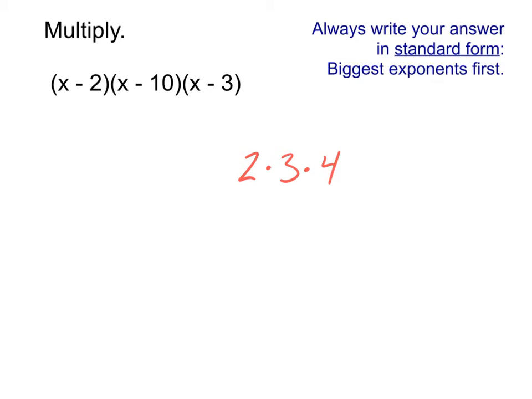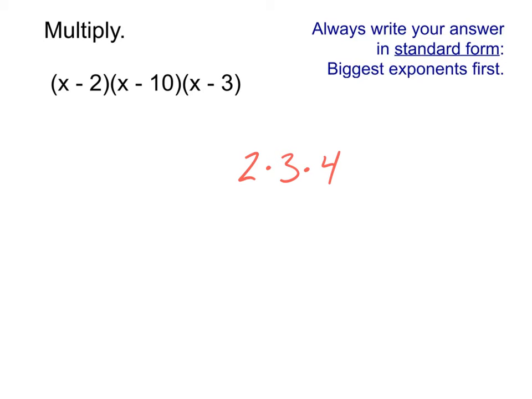Or did you do 2 times 3 and then multiplied that answer by 4? You really started by doing the 2 times 3, right? You didn't multiply the 2 to both the 3 and the 4 or anything like that because they're all being multiplied. We can just multiply them in order as we see them.